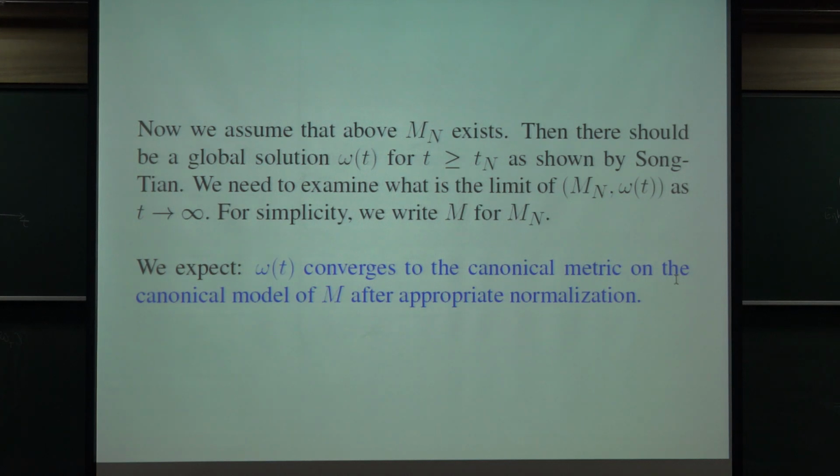So along the Ricci flow, if we are lucky enough, after a certain time you reach the minimal model of the original manifold. By minimal model in algebraic geometry, we mean a birational model whose canonical class is numerically effective.